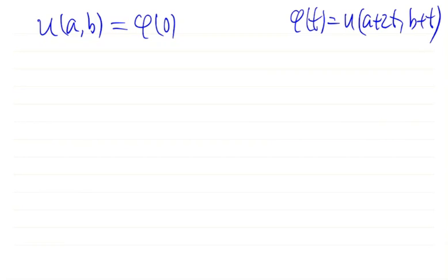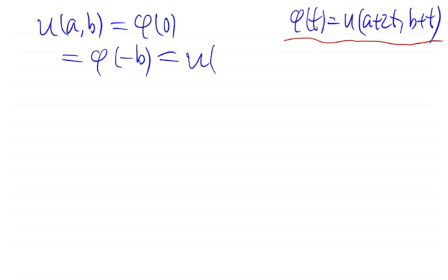But because phi is a constant function, phi(0) equals phi(minus b). In phi(t) equal u(a plus 2t, b plus t), you let t equal minus b, you get u(a minus 2b, 0).